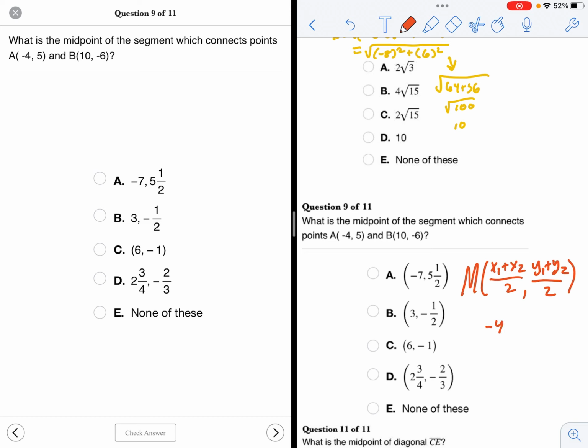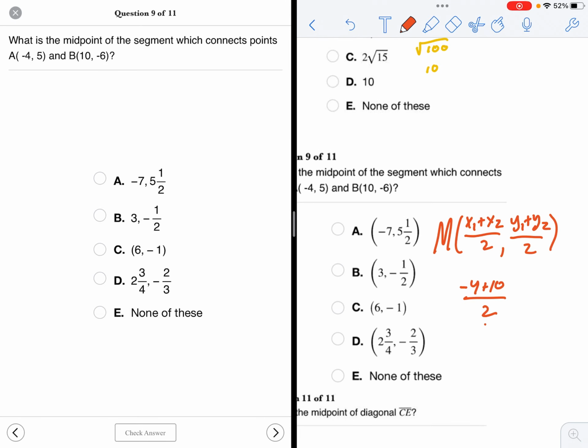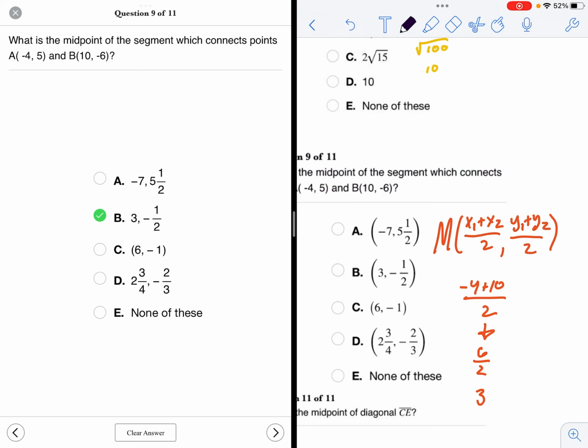So we're going to get negative 4 plus 10 divided by 2. Since this is multiple choice, we're going to cheat a little bit and say this is going to go 6 over 2, which is 3. So it's going to have to be this one. For fun we'll calculate the other number: the other side would have been 5 minus 6, which goes to negative 1/2.